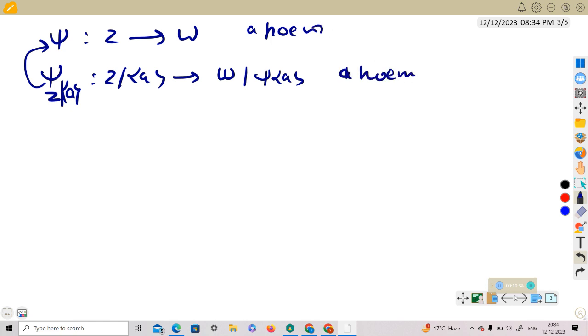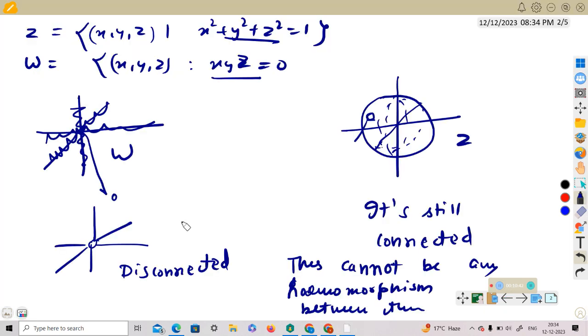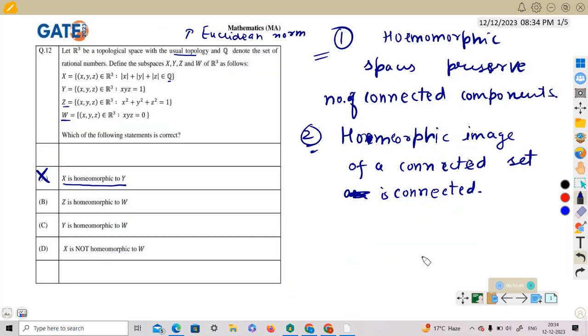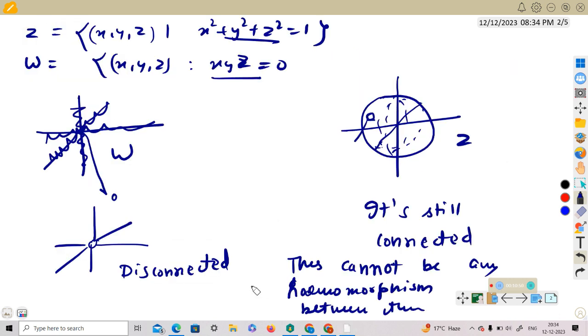But we have seen that this is not true, because after we remove an element from here, it is not still a homeomorphism.